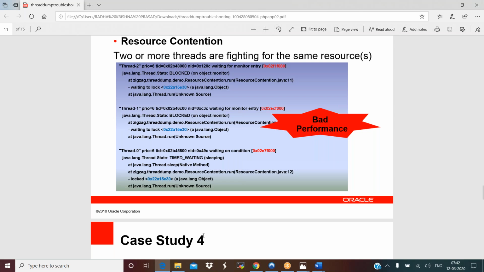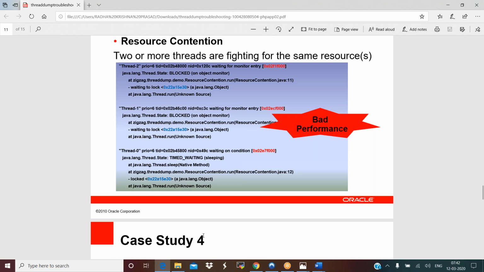When you are troubleshooting with the native thread IDs, you are trying to find out which native thread among all the threads is taking a high amount of CPU from the operating system side. This is one solution to investigate the high CPU spike, high CPU utilization.